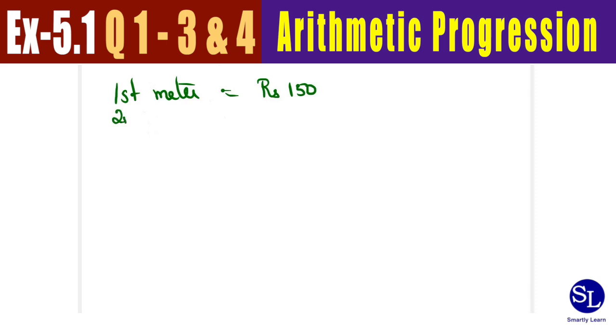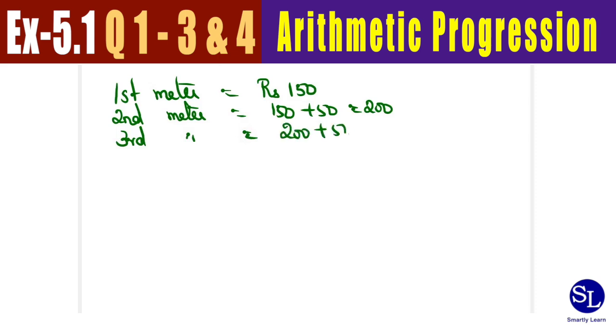Now, the second meter is going to cost 150 plus 50, which is equal to 200. For the third meter, we are going to have 200 plus 50, because for every meter you get an additional charge. So 200 plus 50, which is 250.